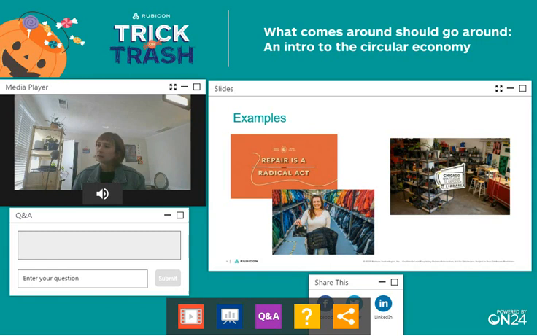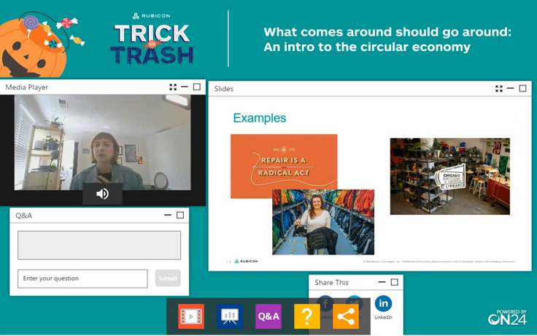And then another second example would be something like a tool library. So this is an idea that's popular in a few different communities, but have you ever had that experience where you think, oh, I really need this tool for a home project, but then you're really only going to use it a couple of times? This is a good model.